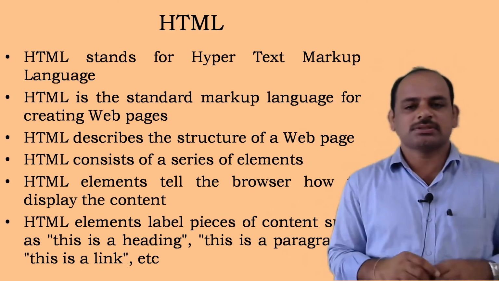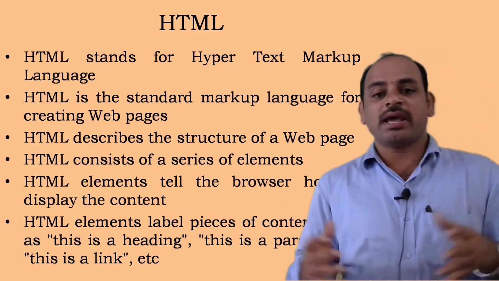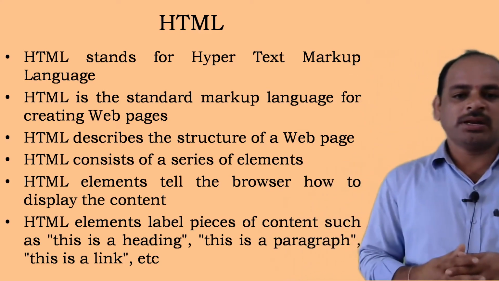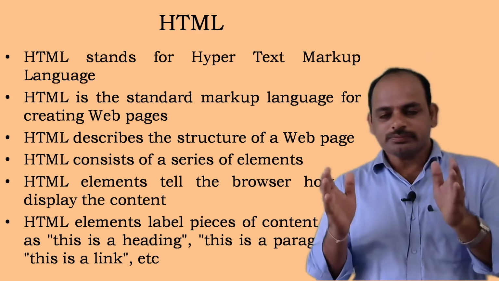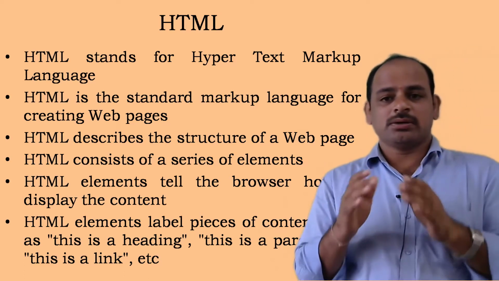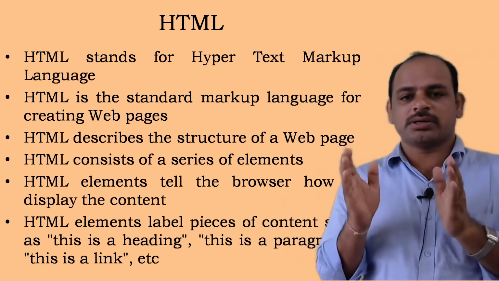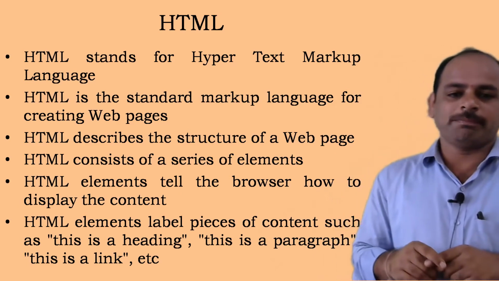And HTML consists of a series of elements. Elements are nothing but tags, right? HTML elements tell the browser how to display the content. Basically, HTML elements tell the browser how any data has to be displayed in the web page.